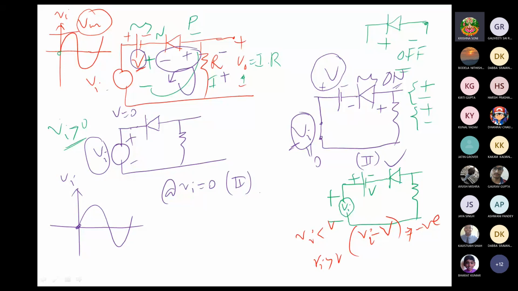Positive value means the resultant voltage has the same polarity as the input voltage Vi, which has this plus minus polarity. If it is negative, the resultant potential has the polarity of the DC voltage source.